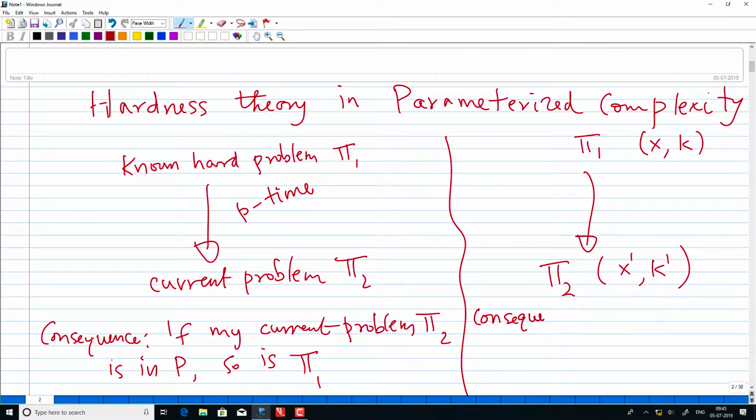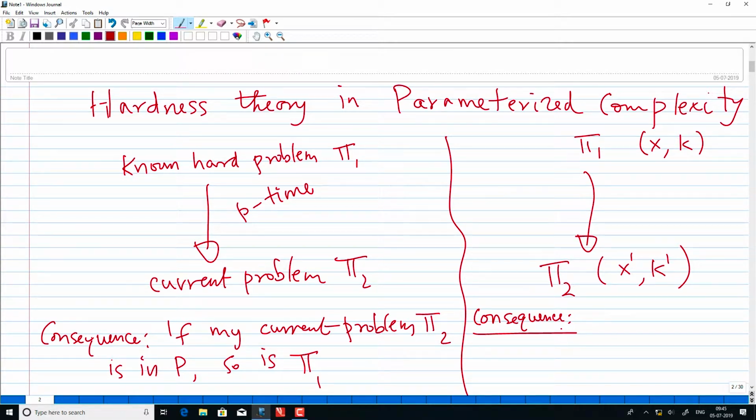And what sort of consequence do I want? Suppose pi 1 is hard in the parameterized world. What does that mean? That I don't expect an f of k times polynomial algorithm. That's what I mean by hard here. Because for us, the notion of easy, fixed parameter tractable, is some function of k times a pure polynomial in n.